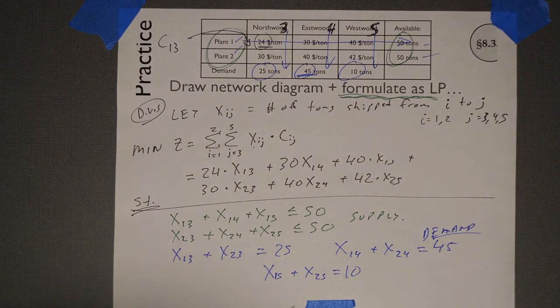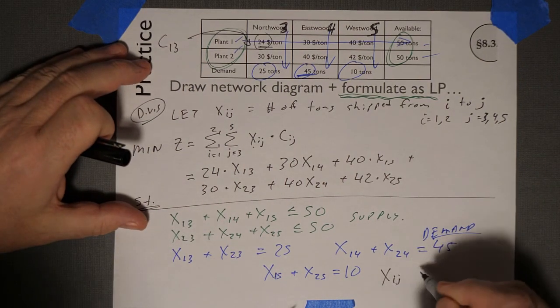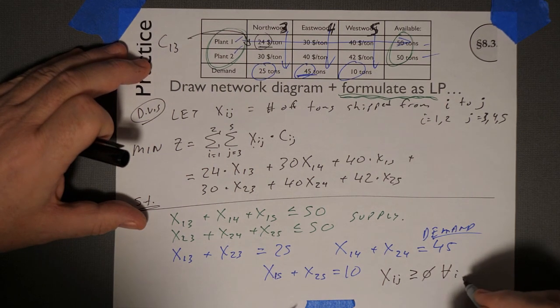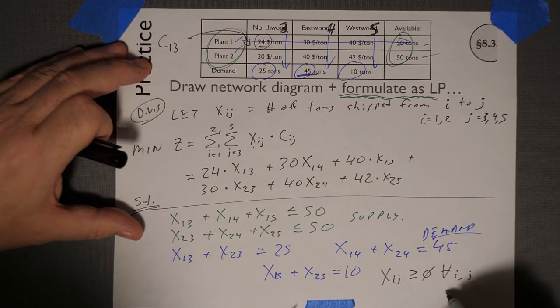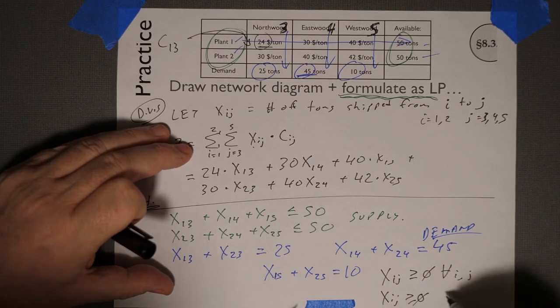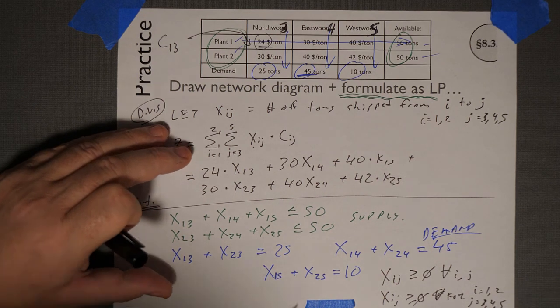And finally, our old friend non-negativity. So x_ij is greater than or equal to 0 for all values of i, j, or you could say x_ij is greater than or equal to 0 for i equals 1 to 2, j equals 3, 4, 5, something like that.